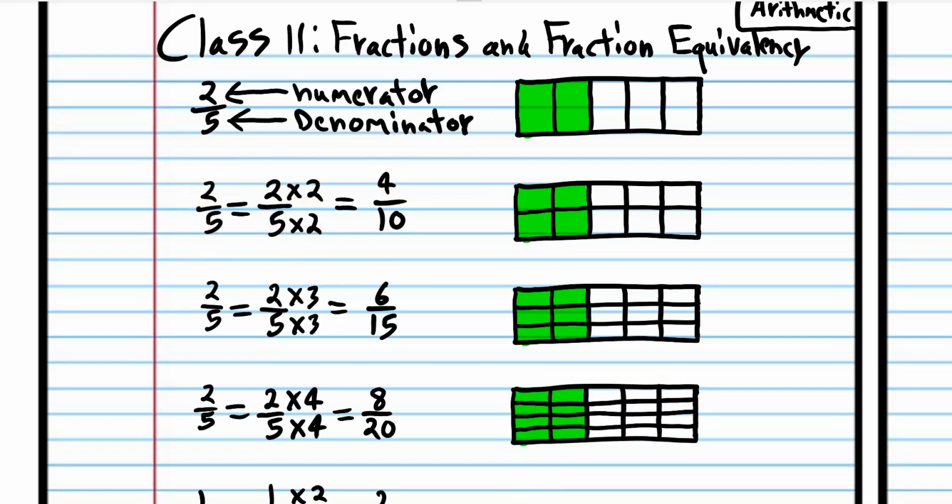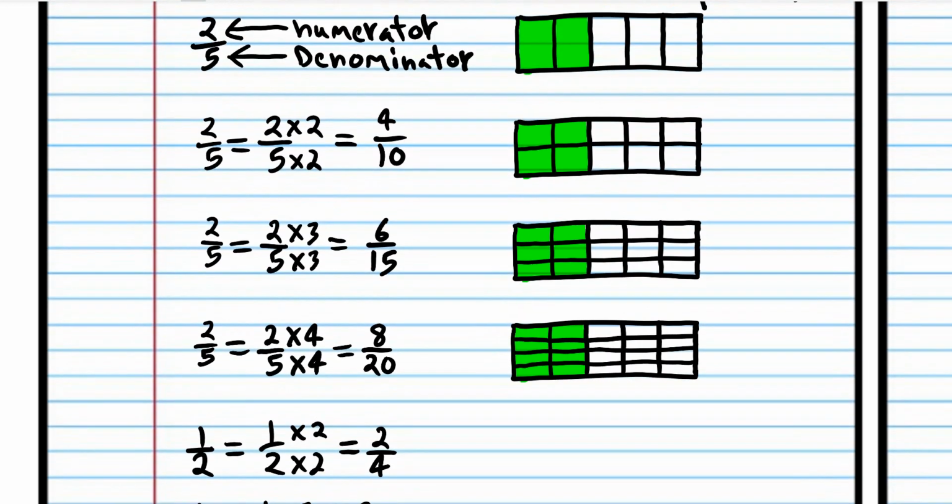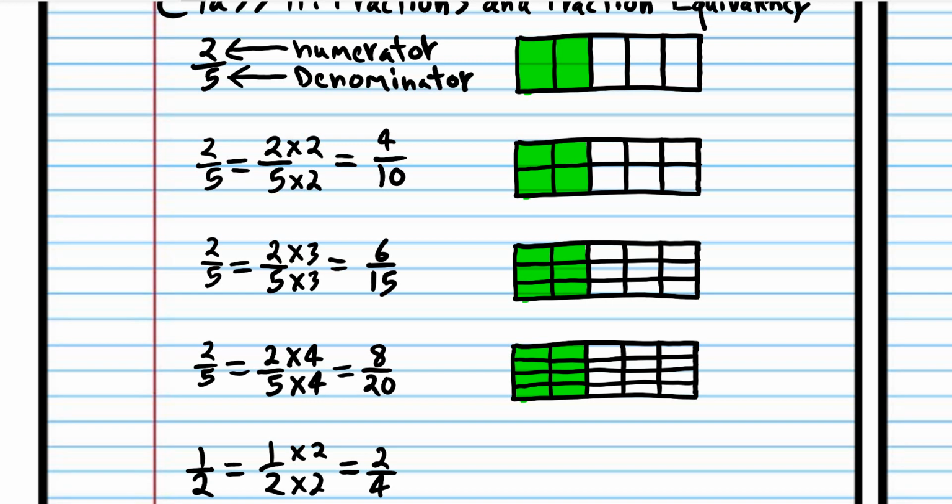So then in the second one, we had 2/5 and we multiplied both sides, the numerator and the denominator, by 3 to get 6/15. And in the next one, we multiplied 2/5 both sides by 4. The most important thing to understand is we're multiplying both the numerator and the denominator by the same number. And we got 8/20. So the fundamental principle of fractions is this.